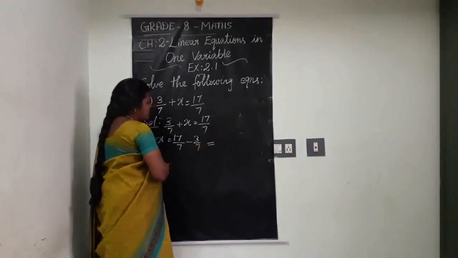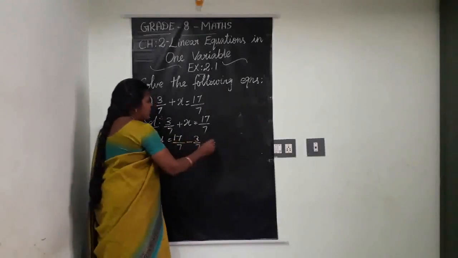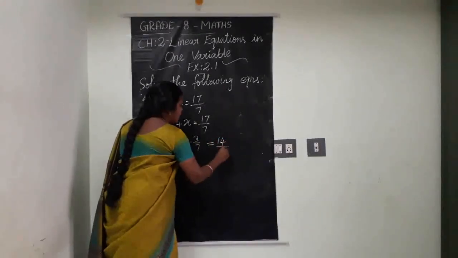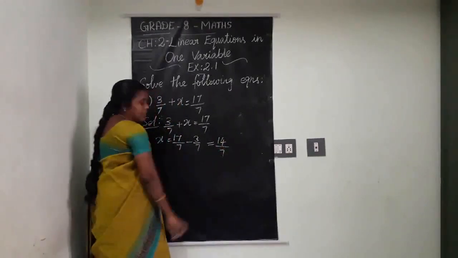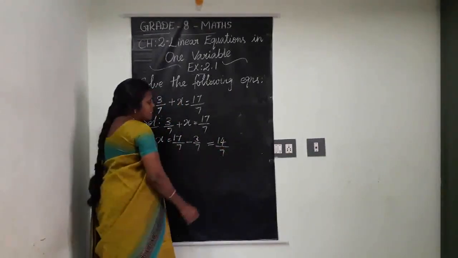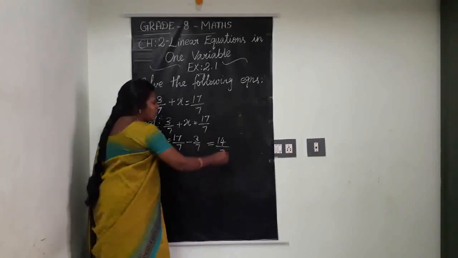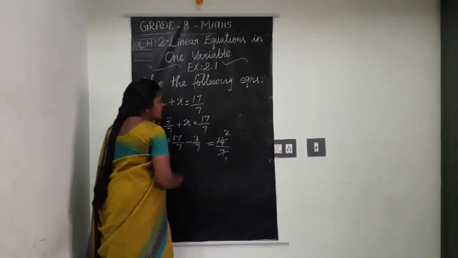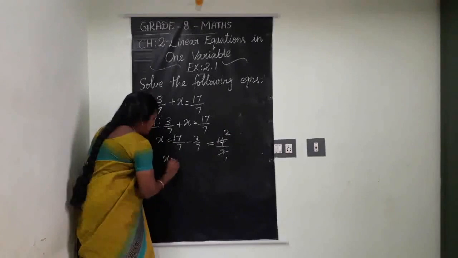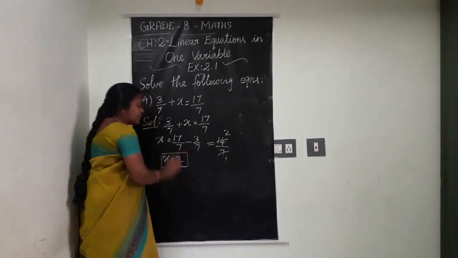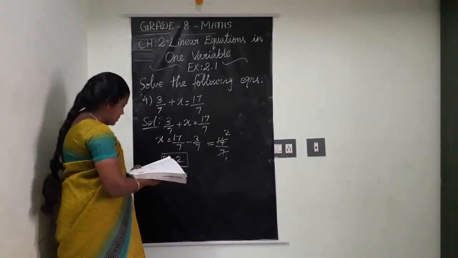So what comes in the numerator? 17 minus 3, 14, by the same denominator 7. This we can simplify. Both are multiples of 7 only, no? 1 7 is 7, 2 7s are 14. So the x value here is 2. That's all. Solved like this.